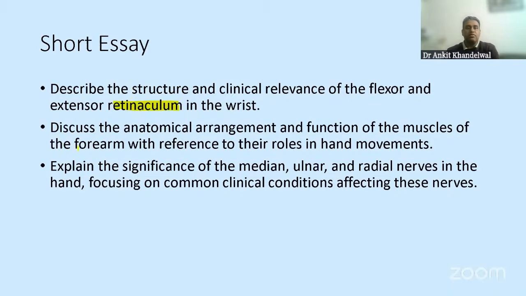Then obviously the forearm muscles, because whatever activities we do with our upper limb, whenever we move our hand, these forearm muscles are very important, and therefore we'll see them. Also clinically very important is the role of the three major nerves, so the relevant anatomy and practical aspects of it we'll see in the session.